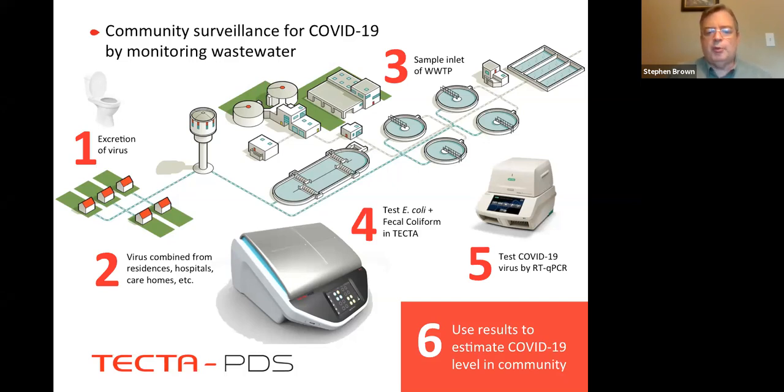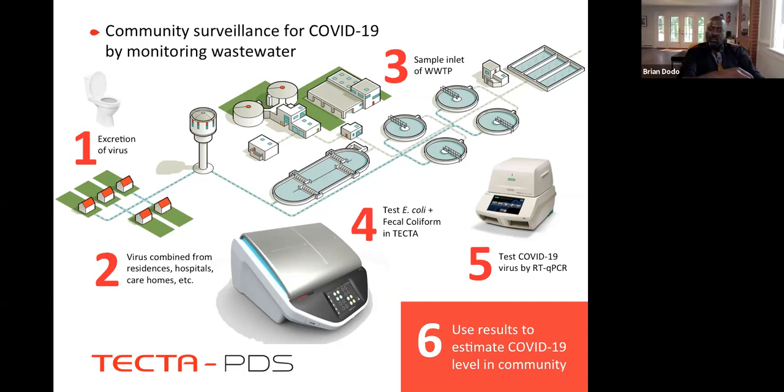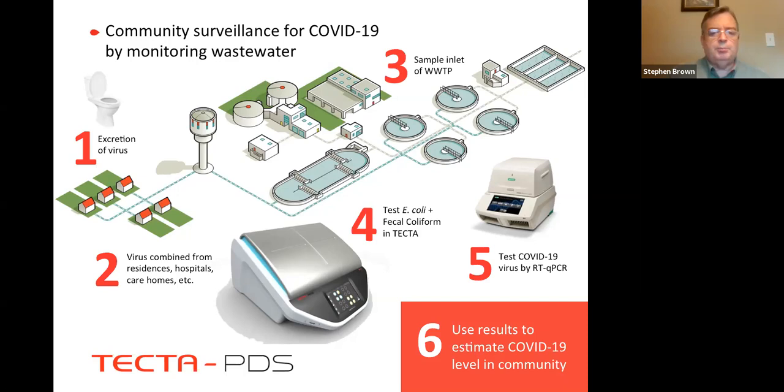At the same time, the rest of the sample moves forward into standard methods using PCR to test for the virus particles in the sample. And so the E. coli and fecal coliform results can be used to correct again for the fecal content in that sewage sample.